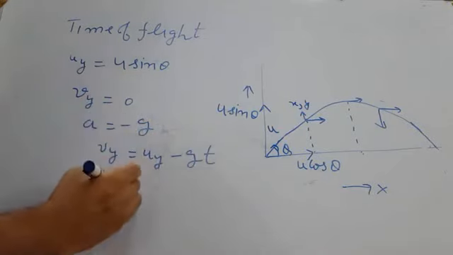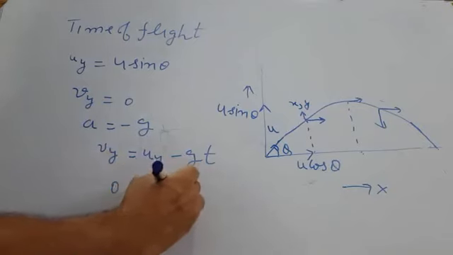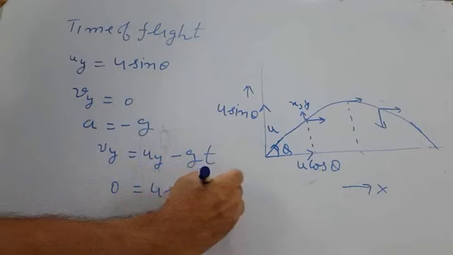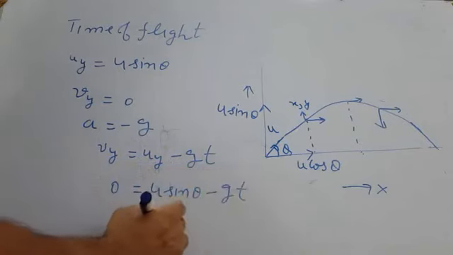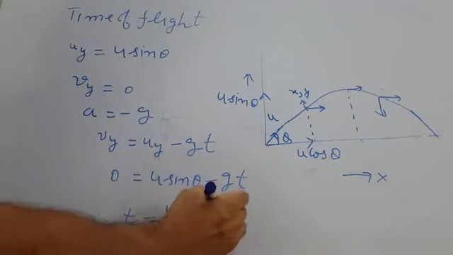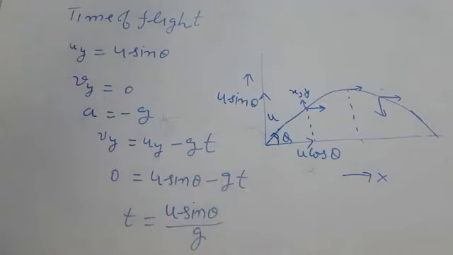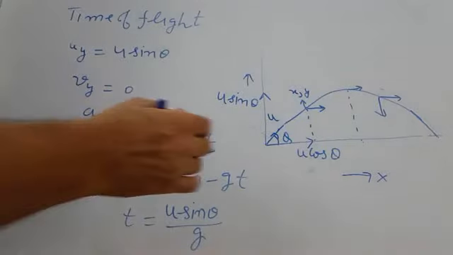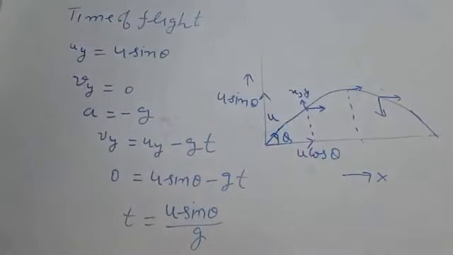Vy is 0, uy is u sine theta, minus gt. So t will be u sine theta upon g. That will be the time taken in attaining the maximum height. So what will be the total time?